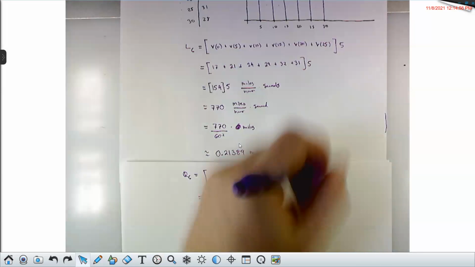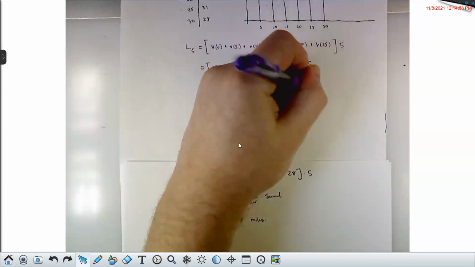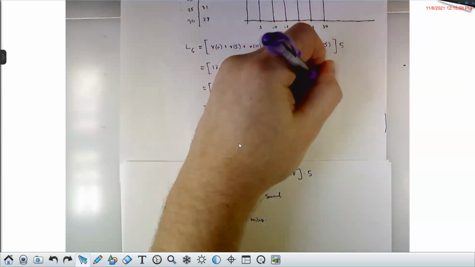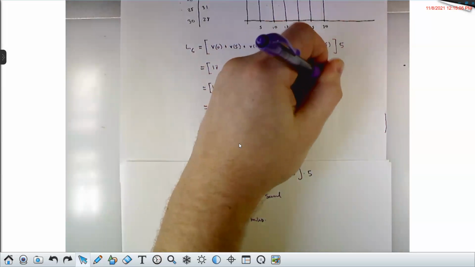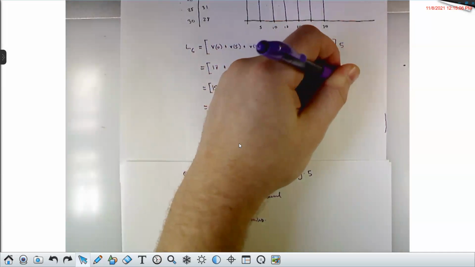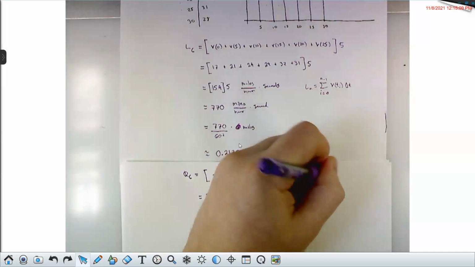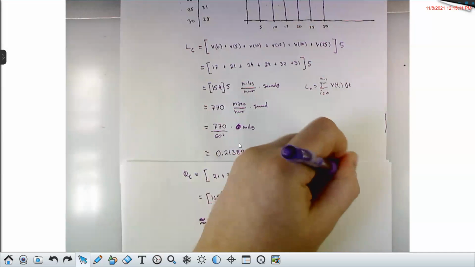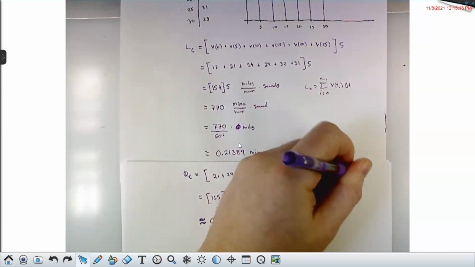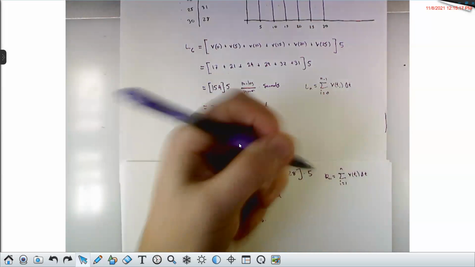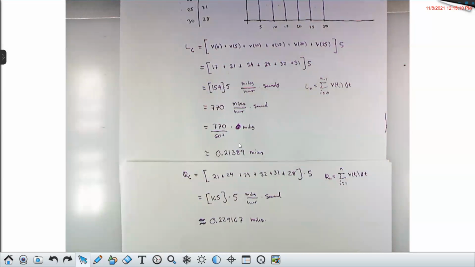Remember, Rn, sorry, I'll write Ln over here. Ln is the sum from i equals 0 to n minus 1 of V of ti times delta t. And Rn is the sum from i equals 1 to n of V of ti times delta t. So they have the same number of terms.